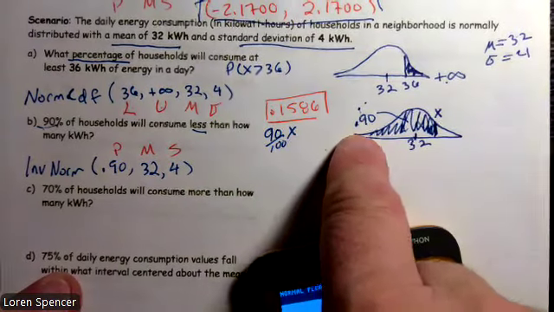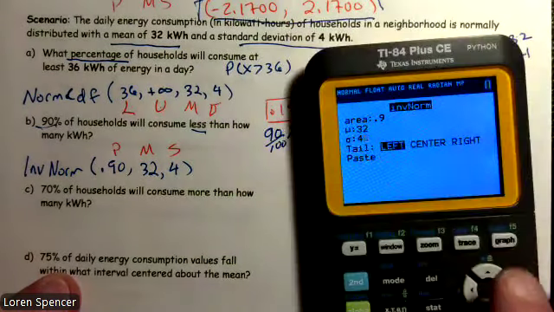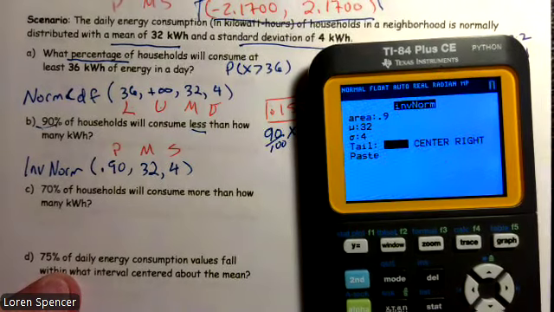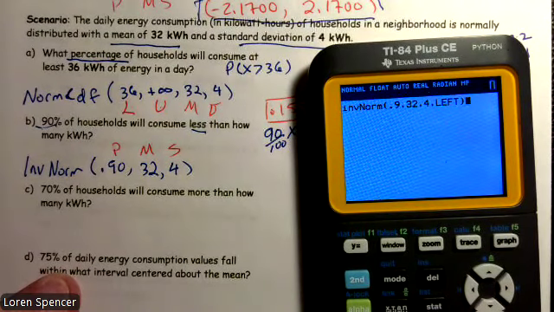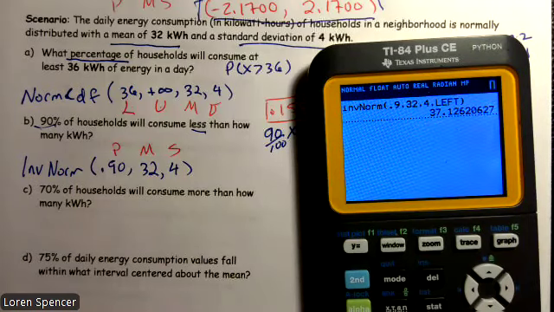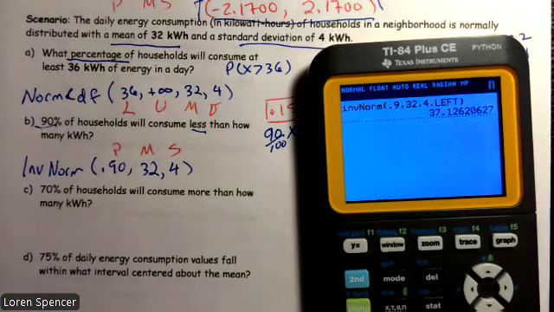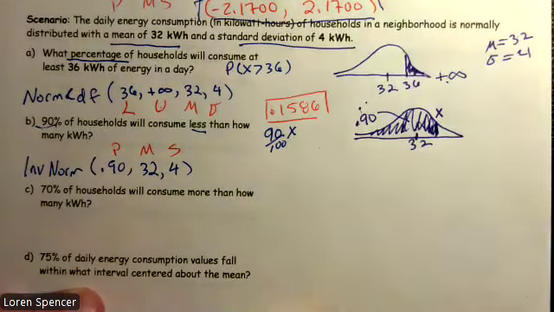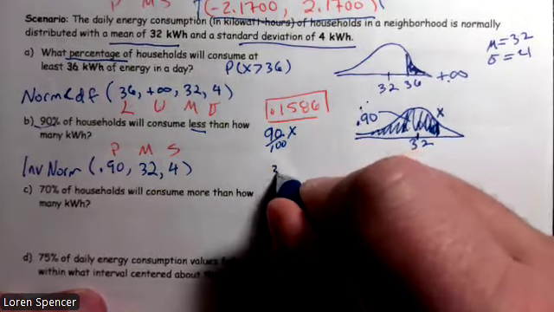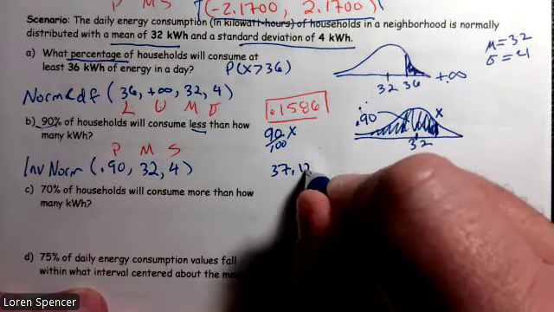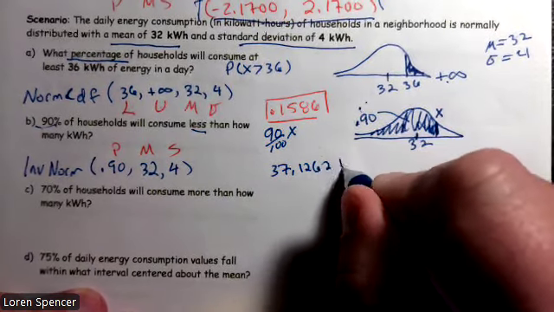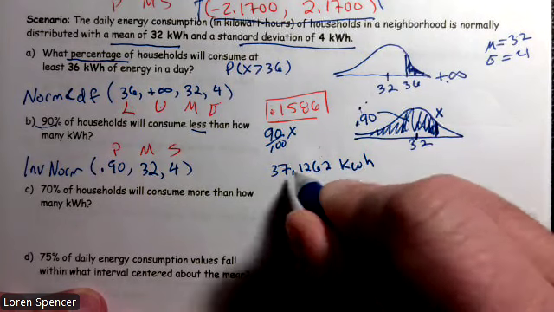And when we look at it, we started shading from the left, and we end up getting a value of about 37.126. All right. 37.1262 kilowatt hours.